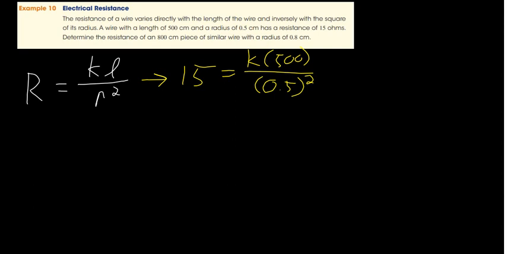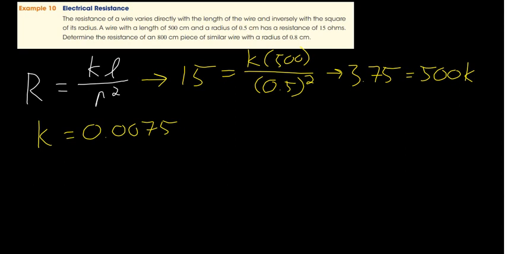So we're going to have 3.75 is equal to 500K, and we divide that by 500 to get a K value of 0.0075.